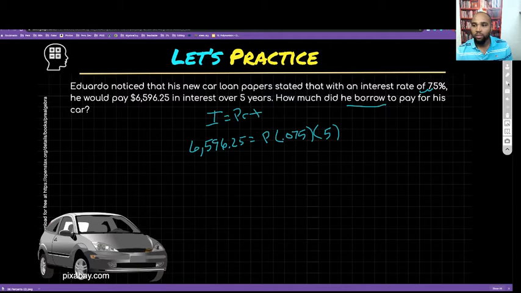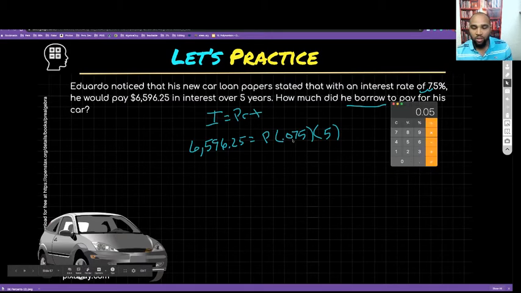We're going to start to simplify this a little bit by doing 0.075 times 5. 0.075 times 5 is 0.375.